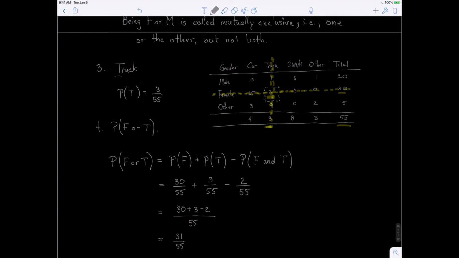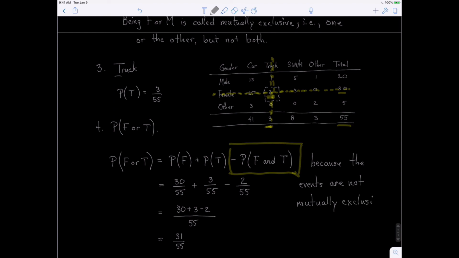And so when you had to subtract this piece here, we would say this is because the events are not mutually exclusive. Okay?